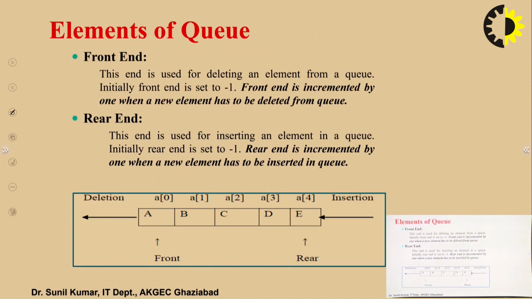Now we are going to discuss the elements of a queue. As I told you, we have two ends, one is called the front end and another is called the rear end. Insertion is always done from the rear end and deletion is always done from the front end.